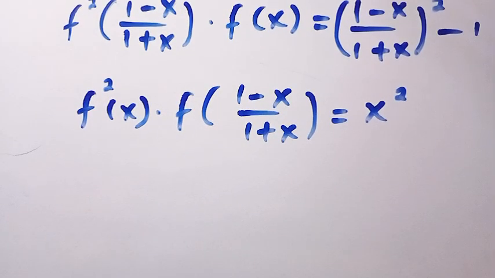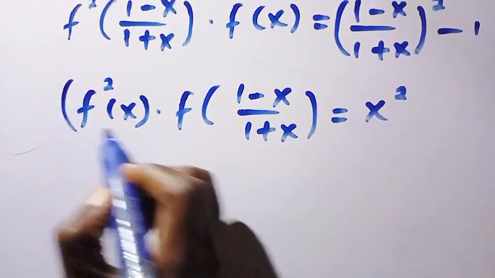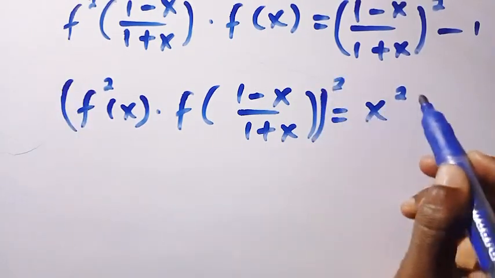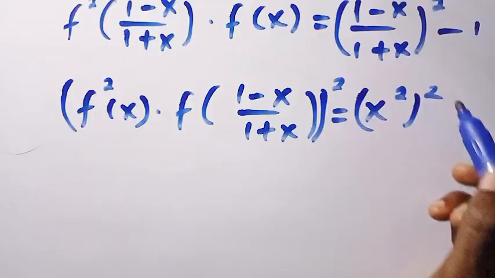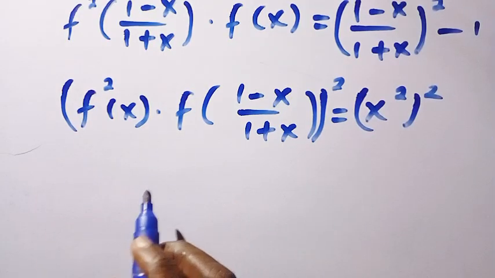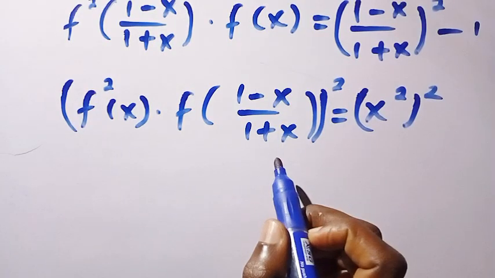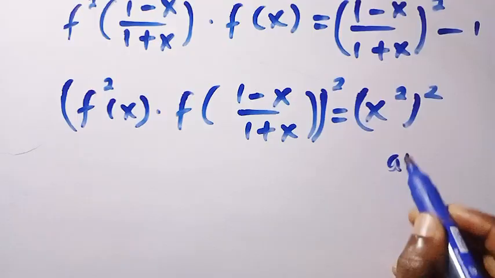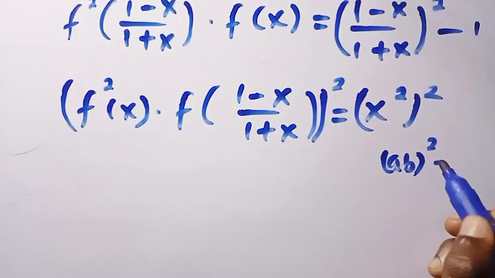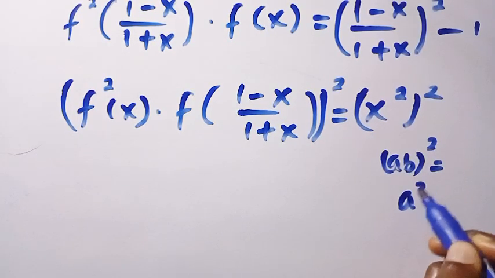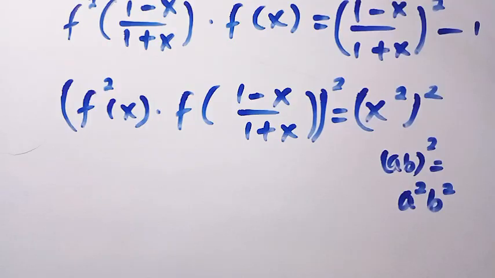If I square both sides, that is, I take the square of this and I also take the square of this, the equation becomes, by the law of indices, if we have (ab) raised to power of 2, this gives us a squared b squared.